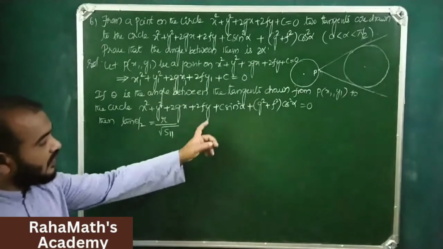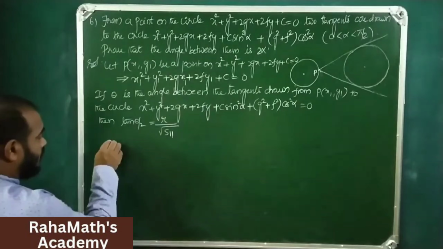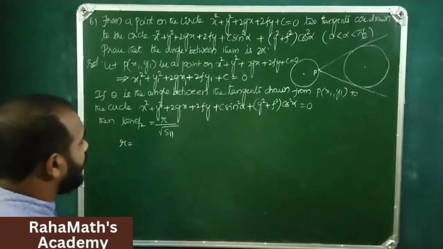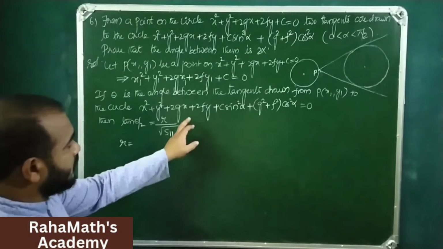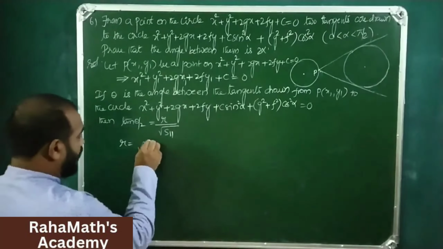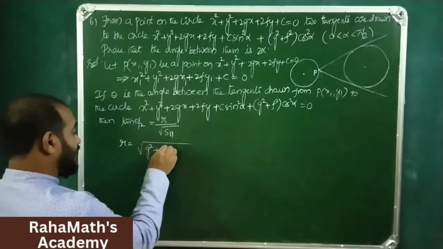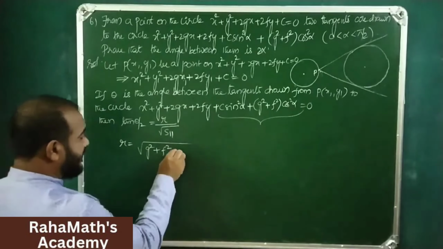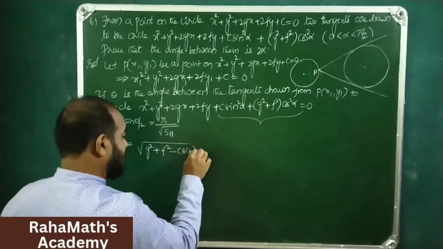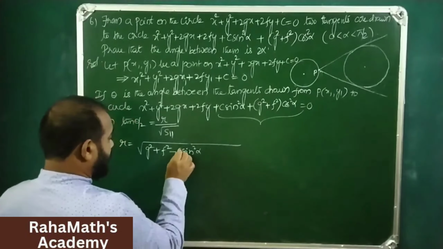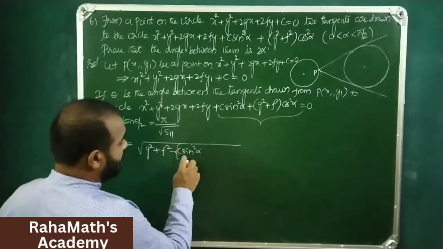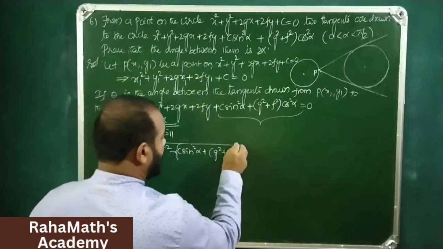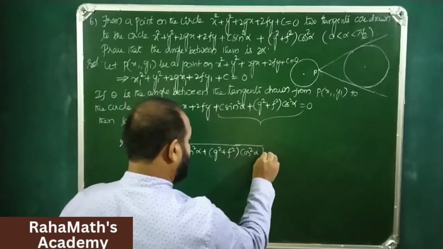So what is the radius for this circle? First of all, let us find out the radius. The radius is equal to the square root of g square plus f square minus c, where c is the entire constant term: minus c sine square alpha plus g square plus f square cos square alpha.